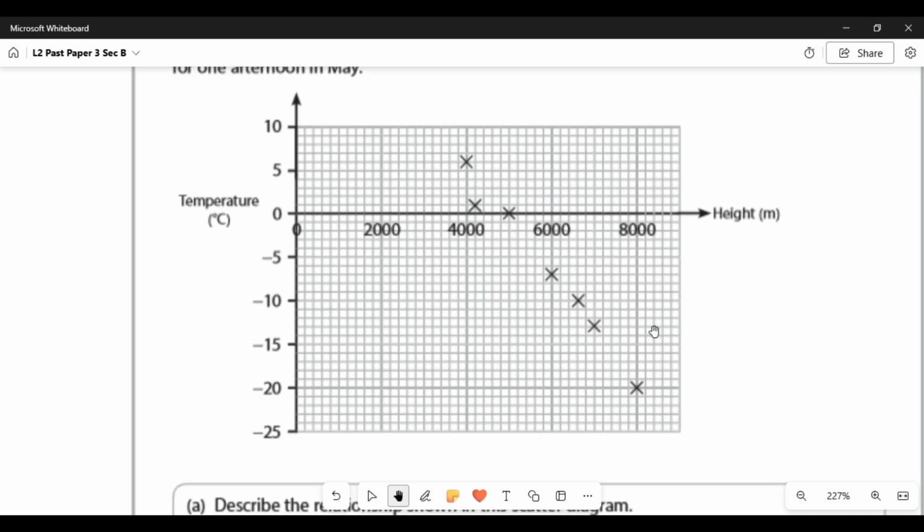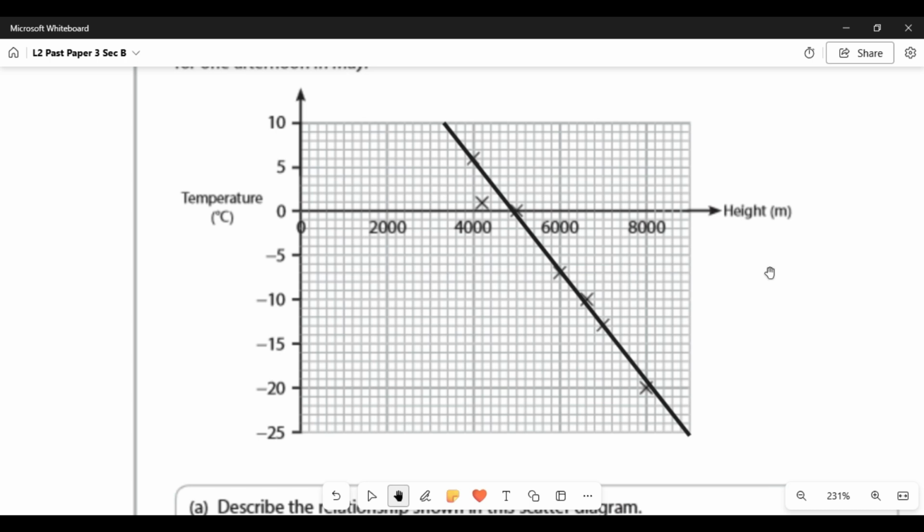So I'm going to draw my line. The idea behind it is you want a straight line that roughly goes through most of these points, and you want an equal number of crosses on either side. So give me 2 seconds, I'm going to draw my line and show you what it looks like. So there's my line. I'm not really 100% happy with that, to be honest.